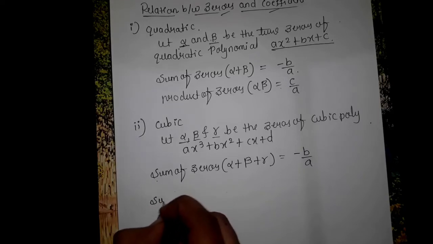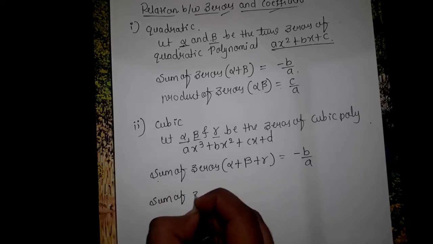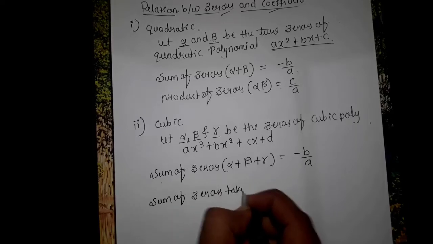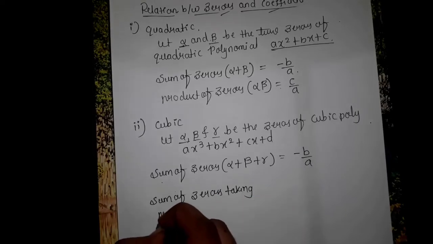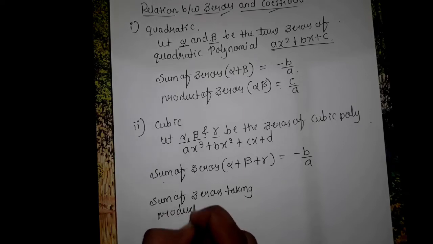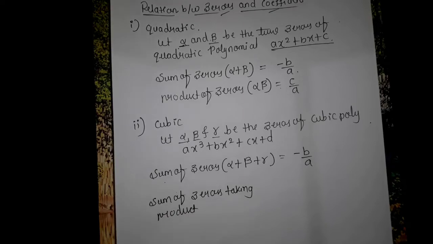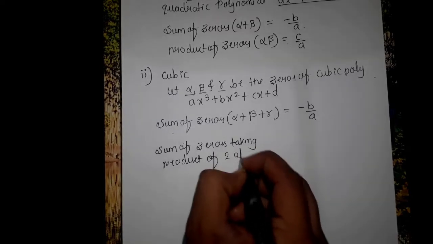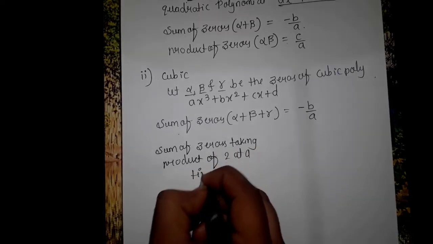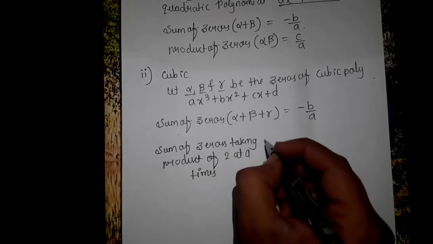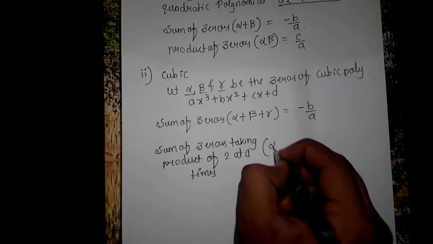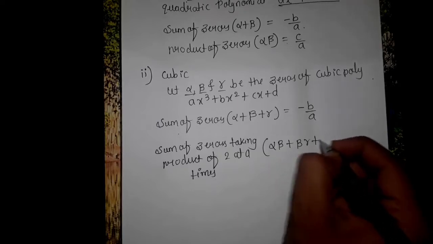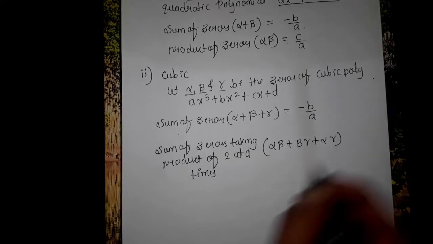Sum of zeros taking product of two at a time. It means alpha into beta plus beta into gamma plus alpha into gamma.